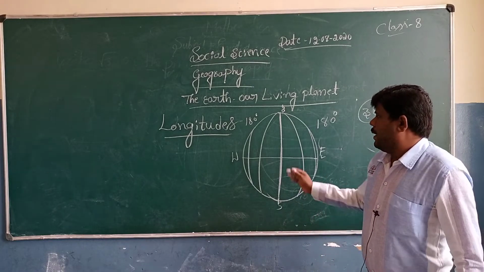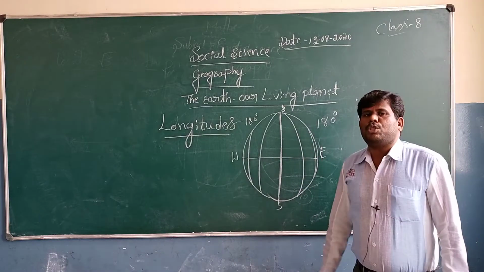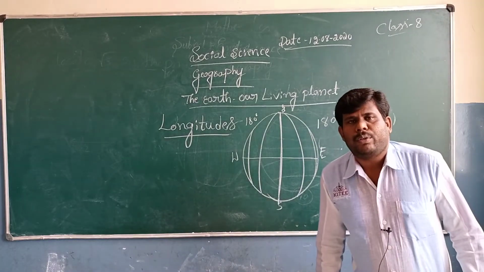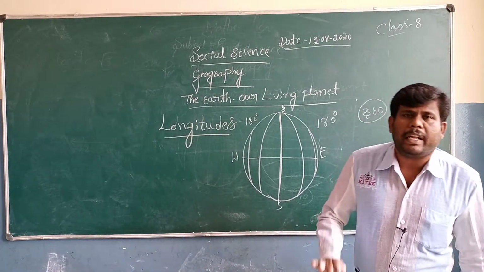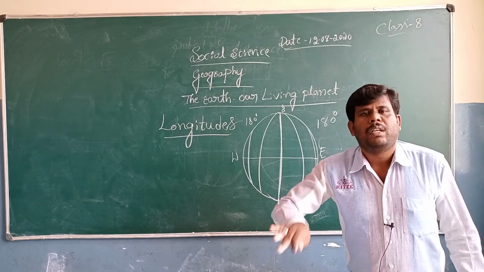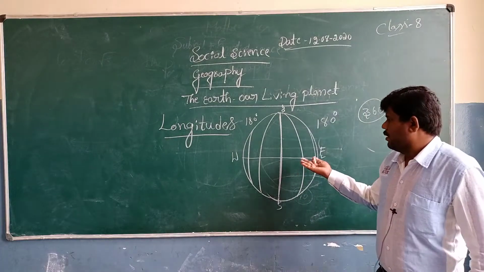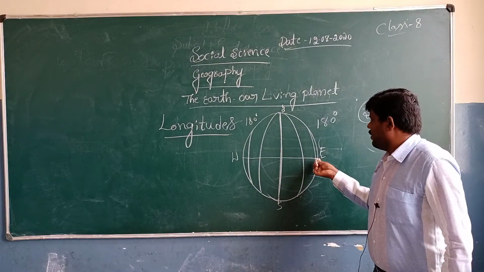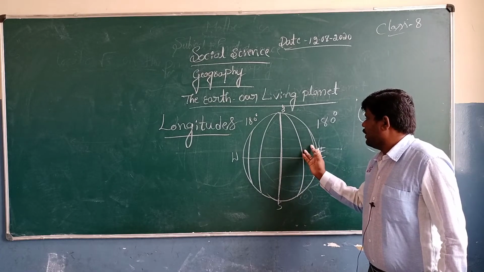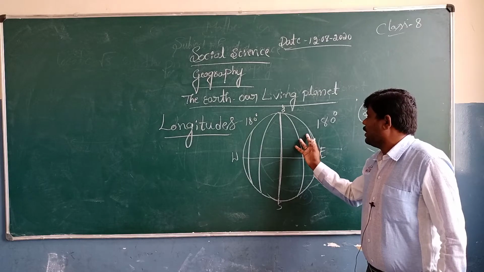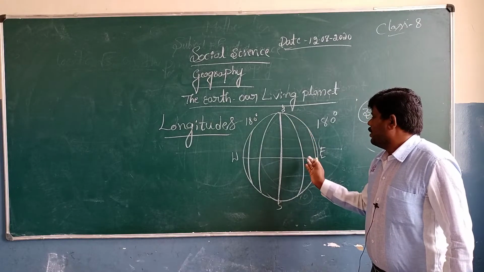Next, see, the distance between two longitudes decreases with the distance from the equator. Look at this picture. This is the equator. The distance between these two longitudes decreases with the distance from the equator.